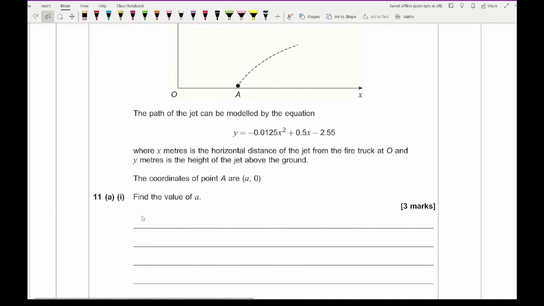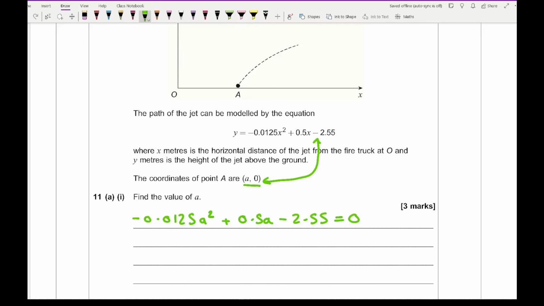So first things first, we need to substitute the y ordinate to find out what a is. If we substitute this coordinate into this equation, we end up with -0.0125a squared plus 0.5a minus 2.55 equals 0.